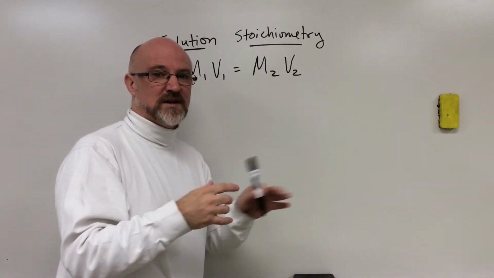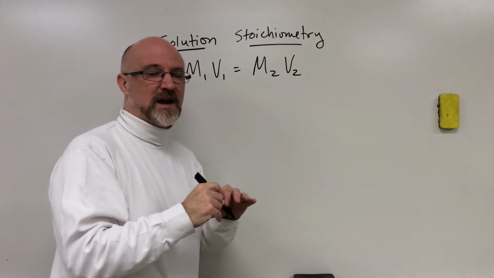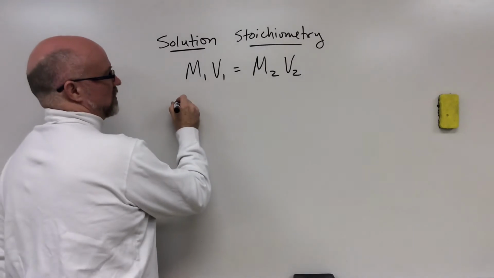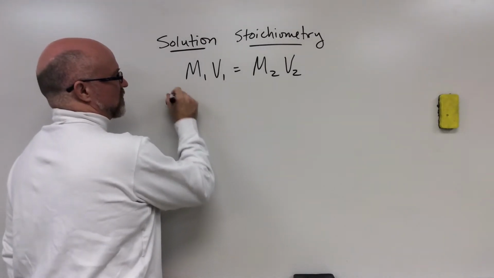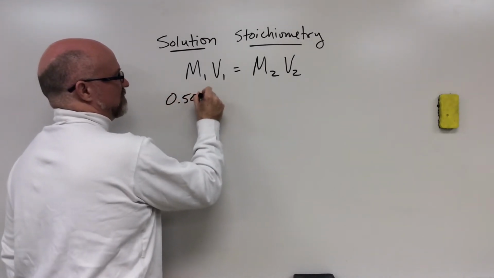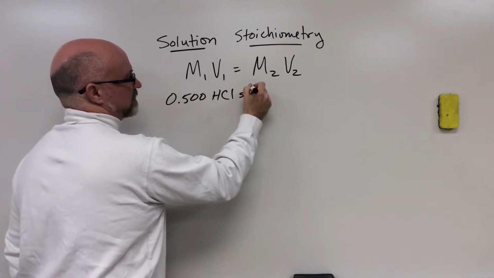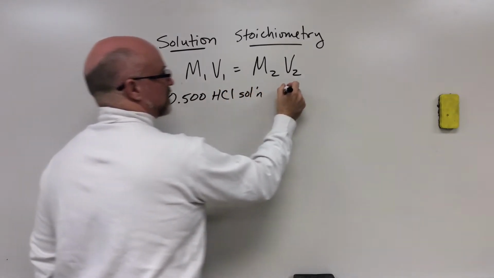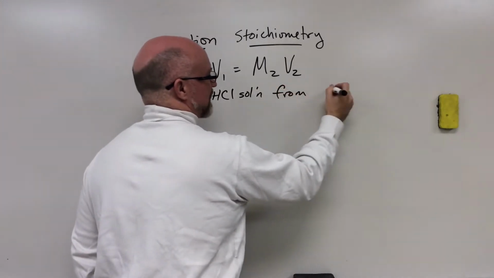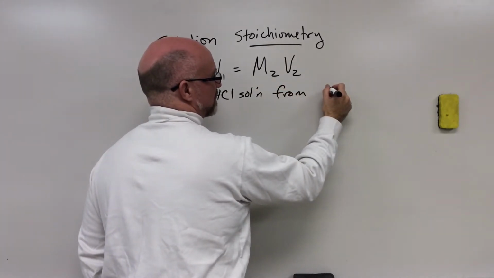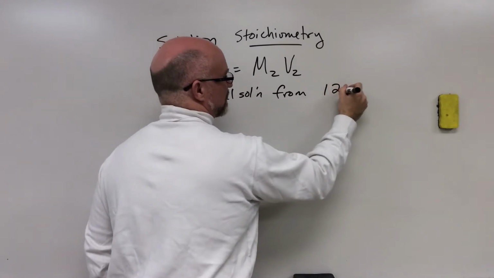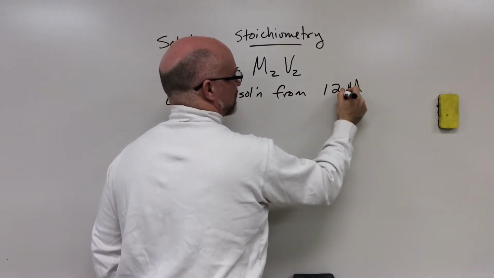So, a concrete example. Let's say I need to make a 0.5 molar HCl solution from stock, and the full strength is typically 12 molar.